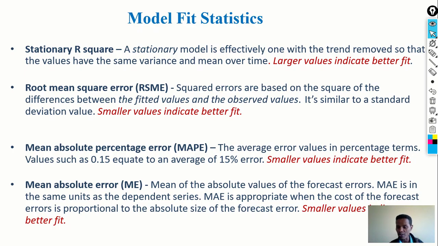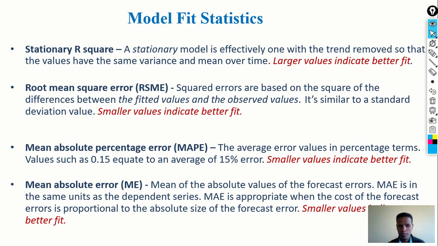A stationary model is effectively one with the trend removed. That means it does not have any trend, so that the values have the same variance and the same mean over time. A larger value of this stationary R square will indicate a better fit. The larger the value of the stationary R square, the better the model fitness.